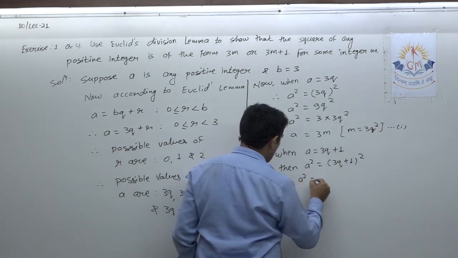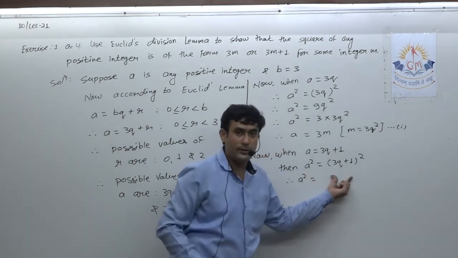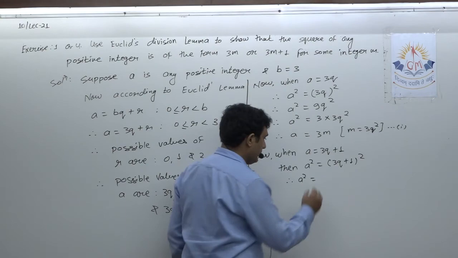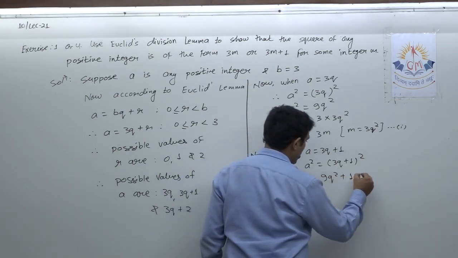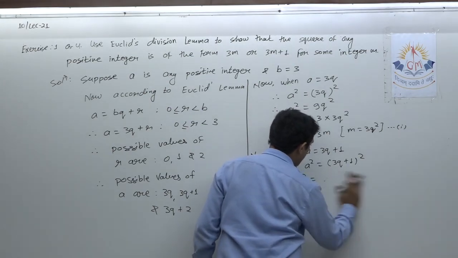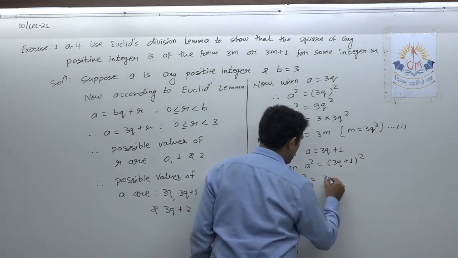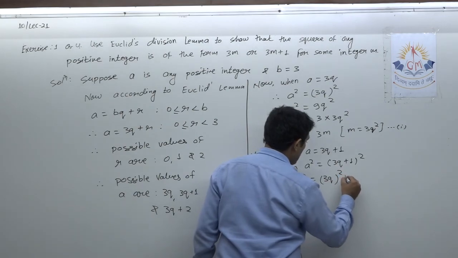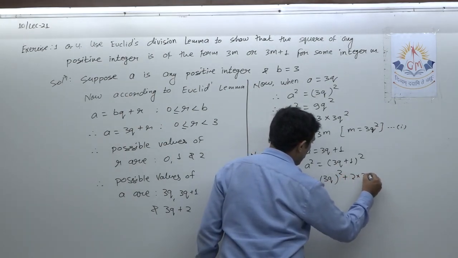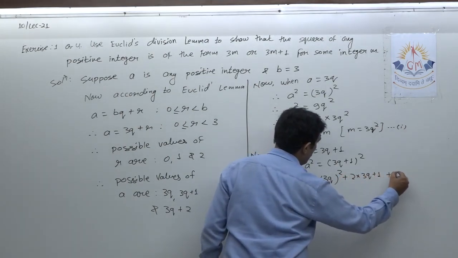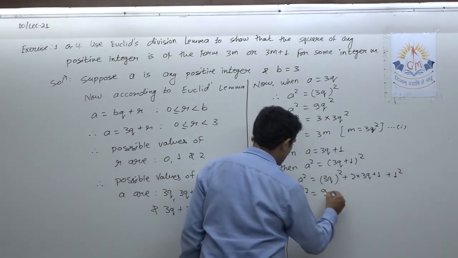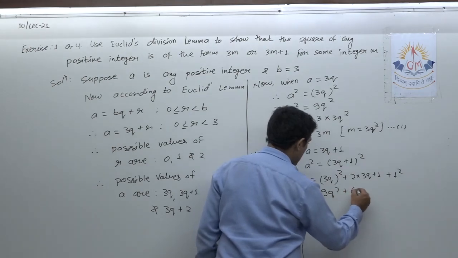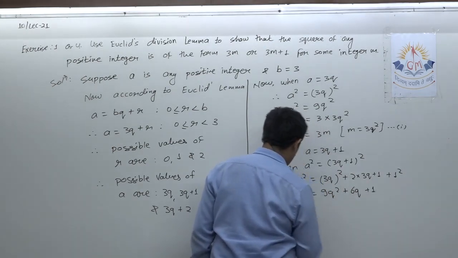Therefore a square is equal to, now over here I can apply the identity of a plus b whole square, a square plus 2 into a into b plus b square. Let me write one step extra for your better understanding. Therefore a square is equal to 9q square plus 6q plus 1.